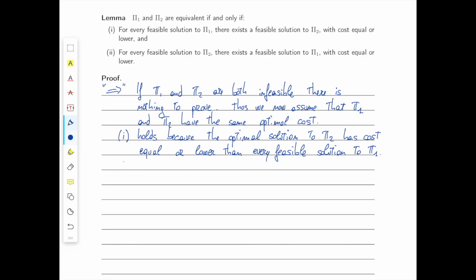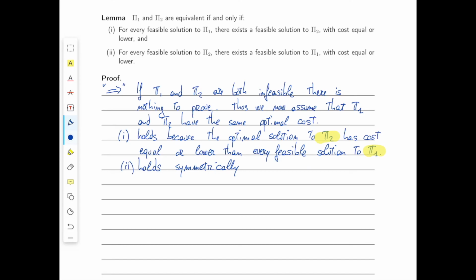And of course, 2 holds symmetrically. In fact, you can just write the above sentence once again by replacing pi2 with pi1 and pi1 with pi2. Great, so we have shown the implication from left to right.